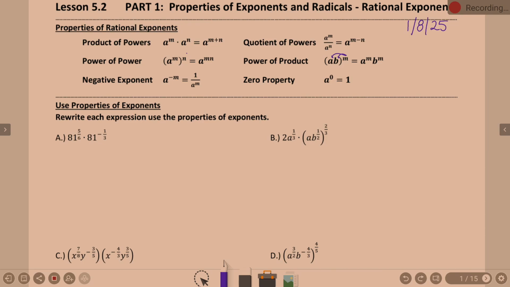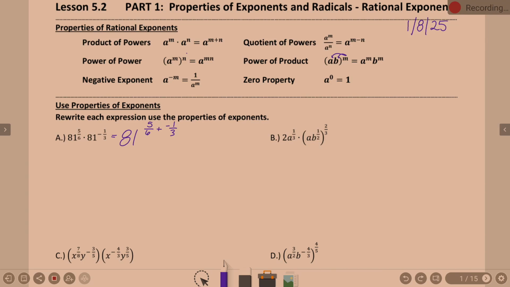So I'm going to rewrite this as 81 to the 5/6 plus negative 1/3. It looks fancy because it has a fraction, but it's the basic rule you've been doing since middle school: keep the base the same and add the exponents because it's a multiplication problem.